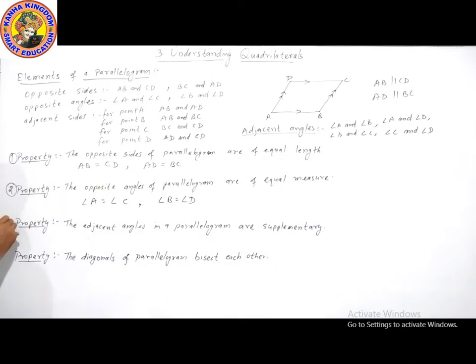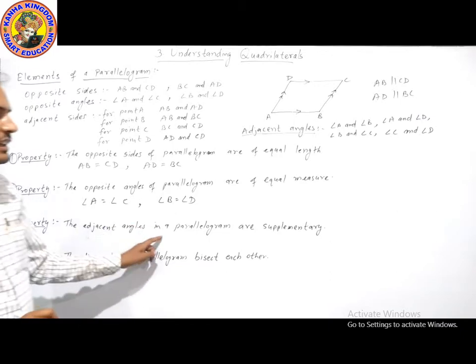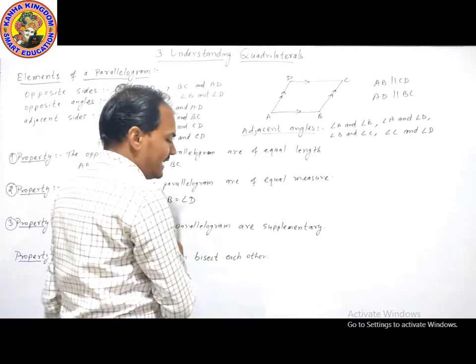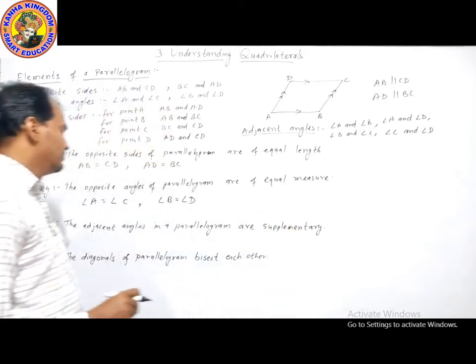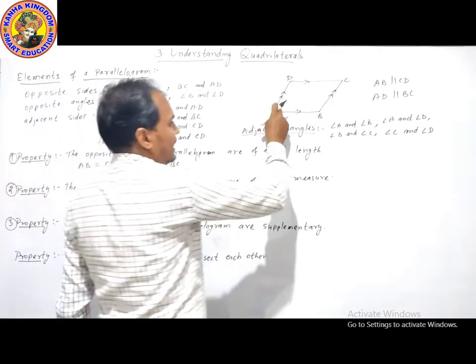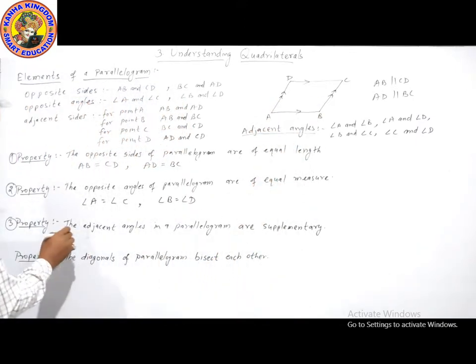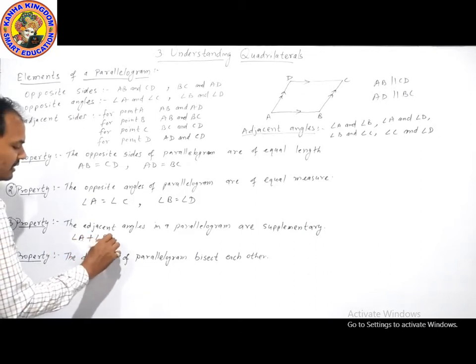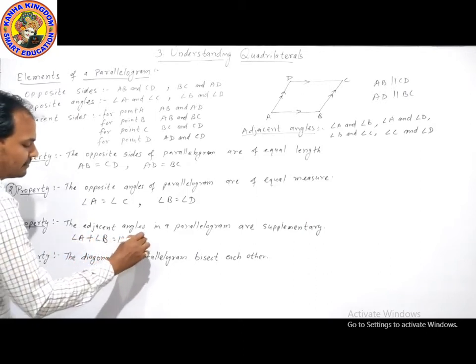Now third property: the adjacent angles in a parallelogram are supplementary. Supplementary means the addition of these is 180. A and B are adjacent angles, so angle A plus angle B is equal to 180.